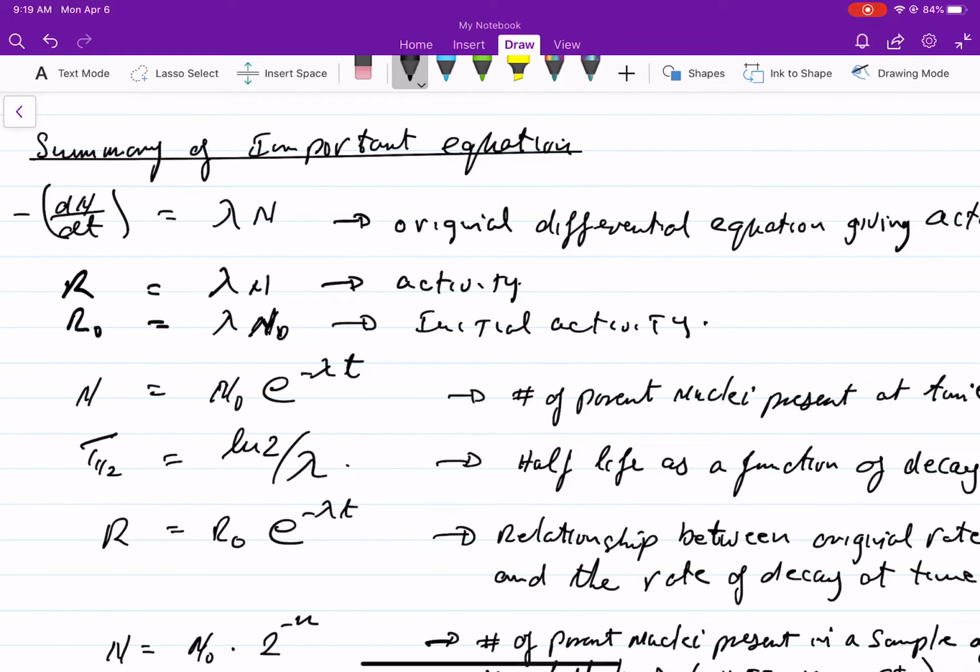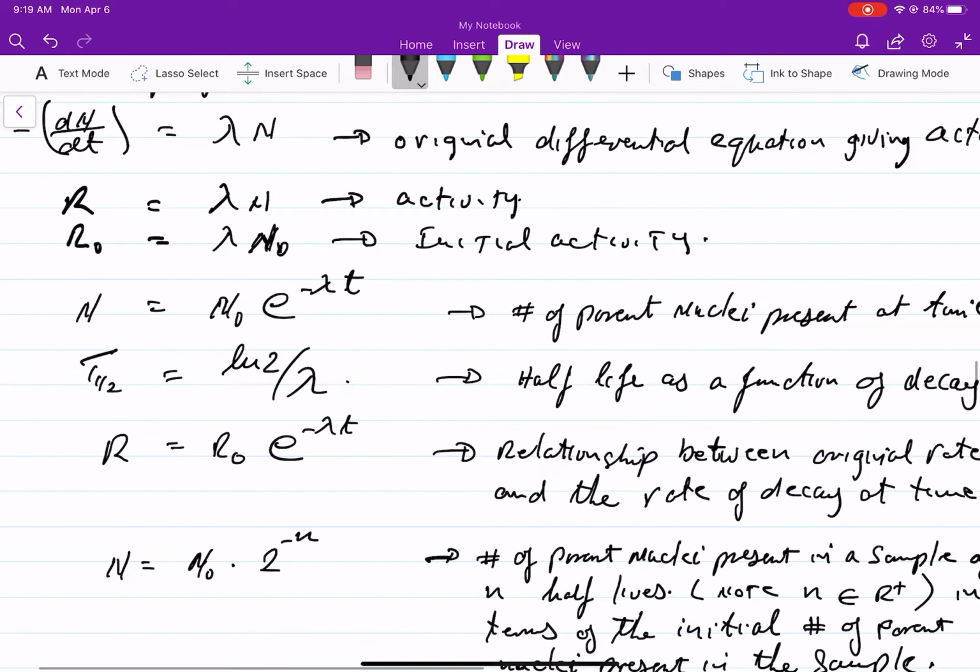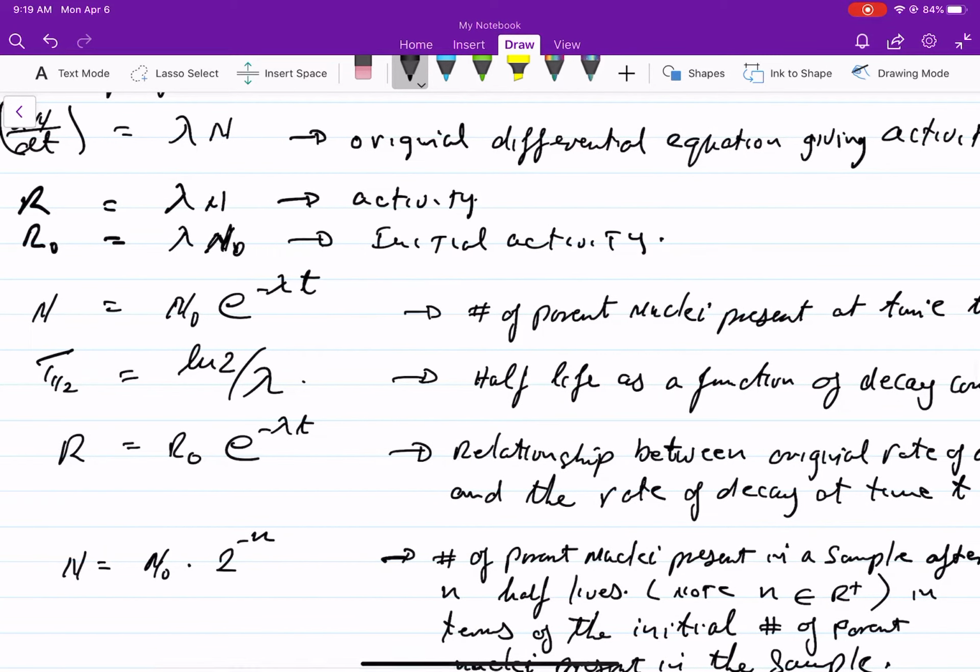Starting off with the original differential equation, minus dN/dt is equal to lambda N. The next one gives R, the activity, is equal to lambda N. Activity in terms of the number of parent nuclei present at any time. And then the initial activity, R0, is lambda N0, where N0 is the initial number of parent nuclei initially present. And the number of parent nuclei present at any time is equal to N0 e to the minus lambda t.